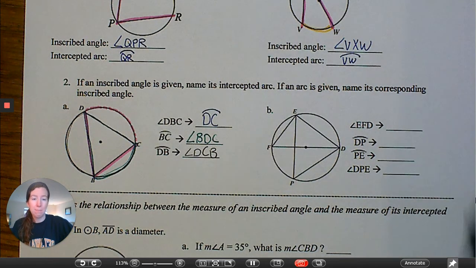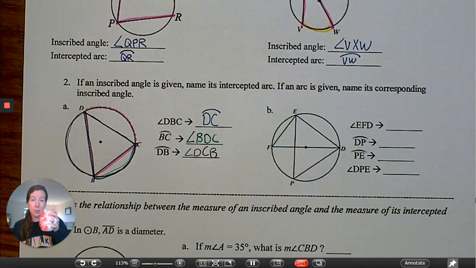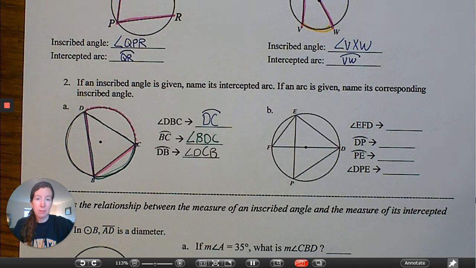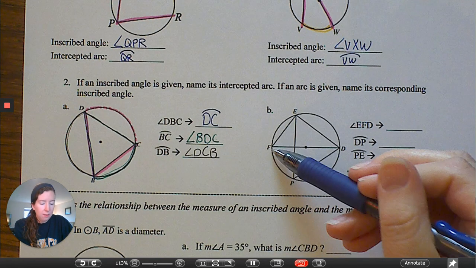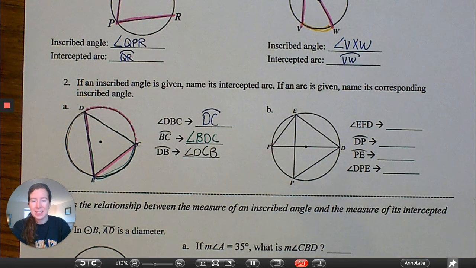All right, looking at B, there's a lot going on here. So we need to be very careful with how we're naming stuff. All right, first one, angle EFD. I think personally it's easier when you have the angle like this because the arc is just going to be the first and the last letters, but let's look to see.